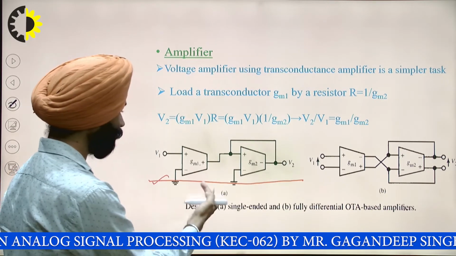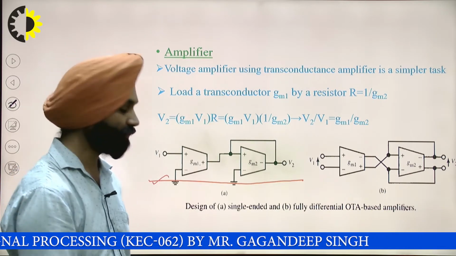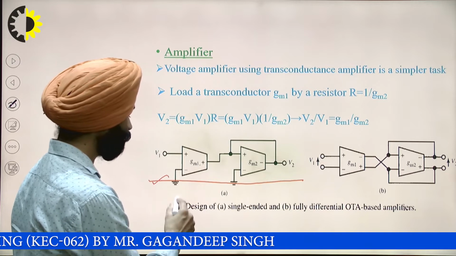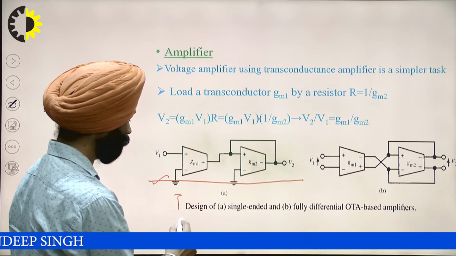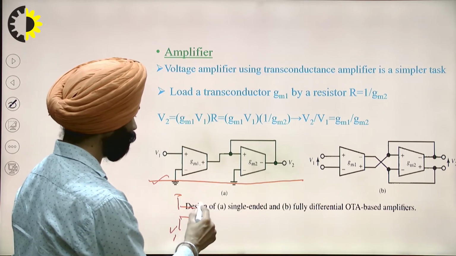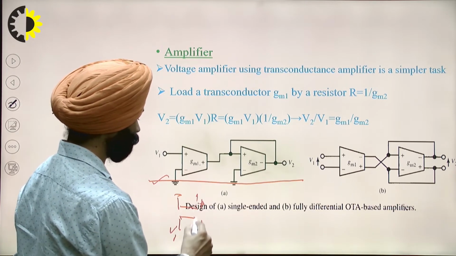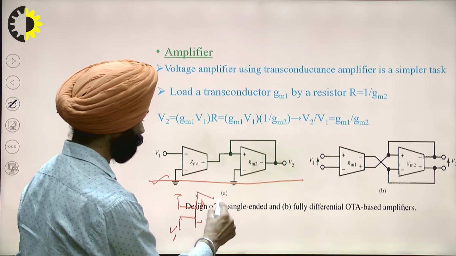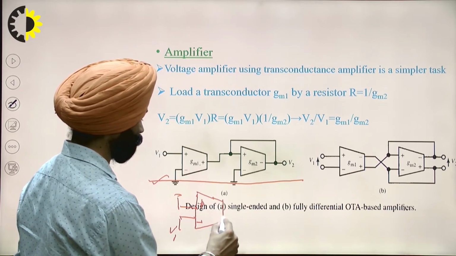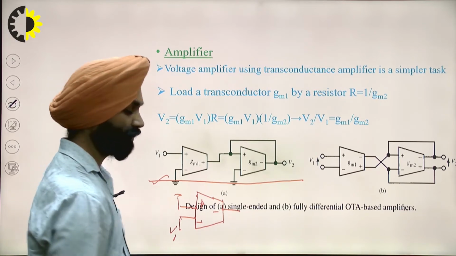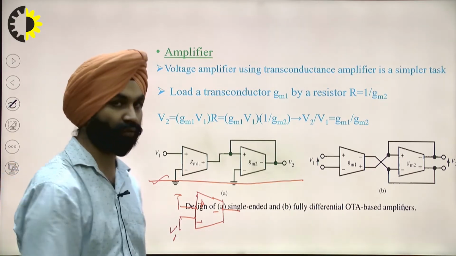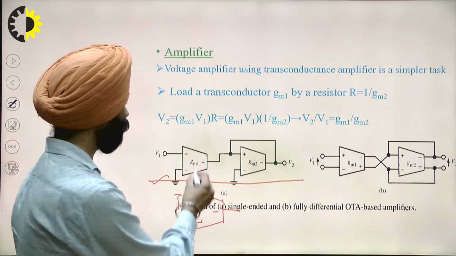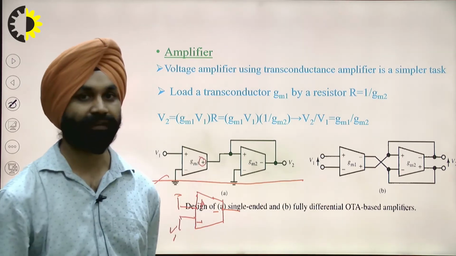So if I create a mirror image of this one, one is grounded and the other is V1. This will be negative, this will be plus. After making the mirror image, we have to invert the polarities of the active devices.